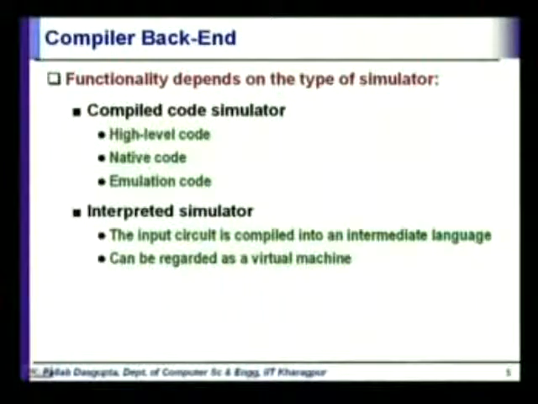When I talk about emulation code, this is the code that is going to run either totally in hardware or partially in hardware. And the interpreted simulator works on the principle that the input circuit is compiled into an intermediate language, and we can think of the simulator as a virtual machine which can interpret that language and simulate the code.